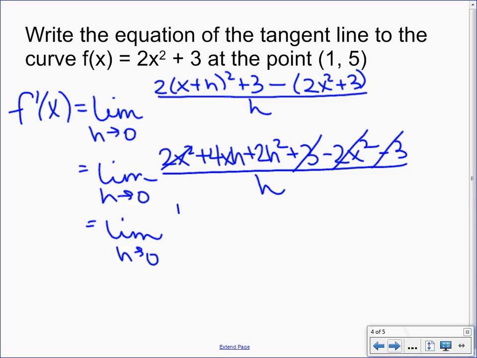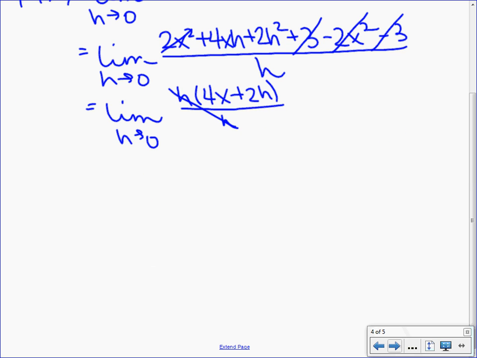So we need to factor out an h. Plug that 0 in, and we have 4x, because h is 0. So our derivative is 4x, which means our slope at any point is 4x.